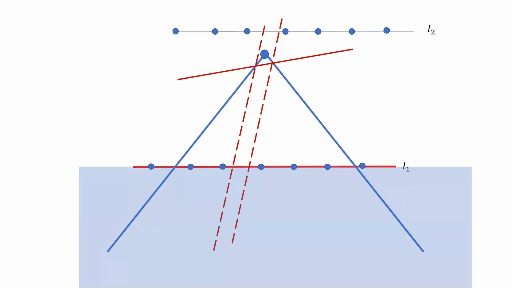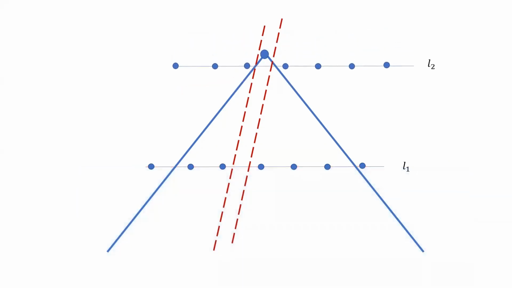Next, let's consider the case when L2 intersects with the simplicial cone. We firstly define a union interval of a line as the convex hull of two adjacent integer points on the line. It can be proved that a split set's interior can intersect with at most one union interval of a line. Similarly, we can define union intervals on the facet. Let U2 denote the unique union interval of L2 intersecting with the simplicial cone.